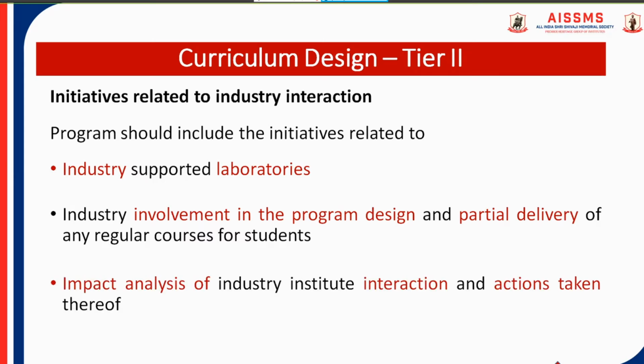Then, impact analysis of industry institute interaction and actions taken thereof. We are also supposed to have an analysis of the impact which the industry institute interaction is going to make, because usually many activities are carried out, but there is no analysis of them.